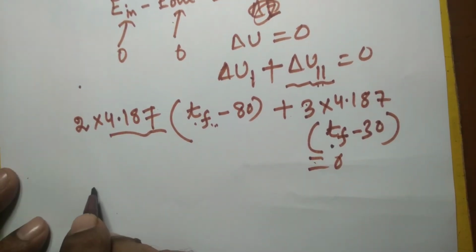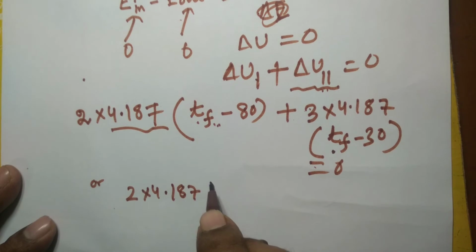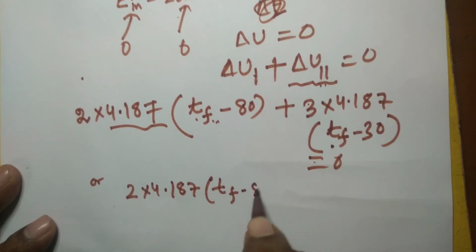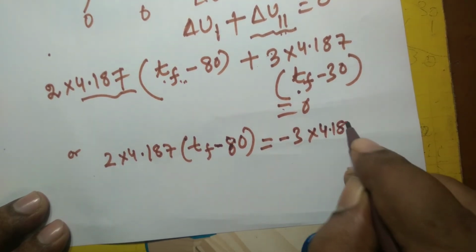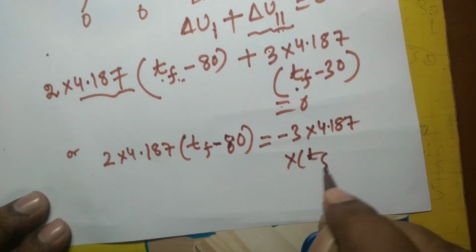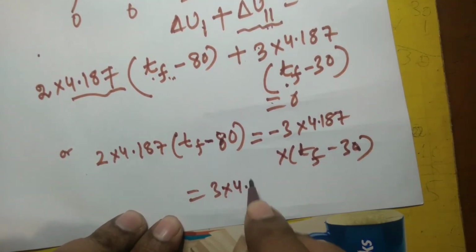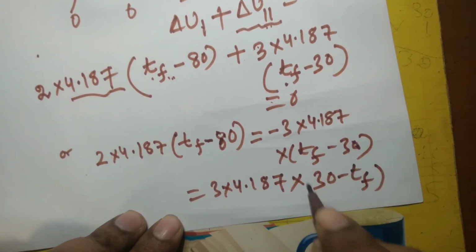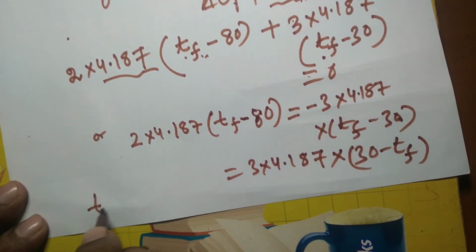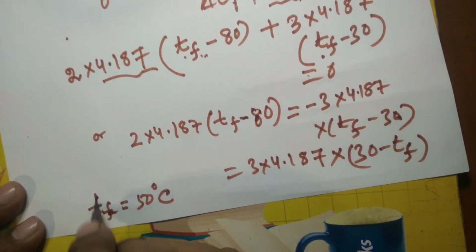On equating this, 2 into 4.187 into TF minus 30, this is equal to 3 into 4.187 into 30 minus TF. And from this, what we found is TF is equal to 50 degrees Celsius. This is the final equilibrium temperature.